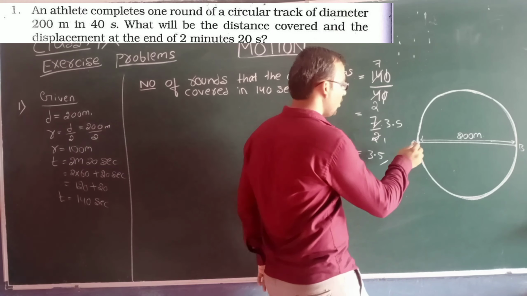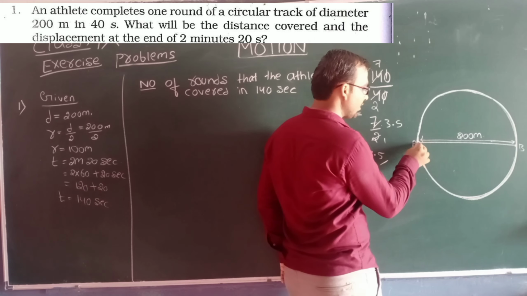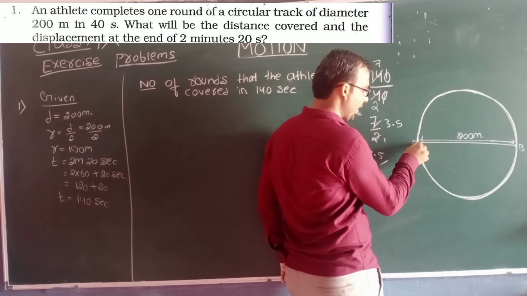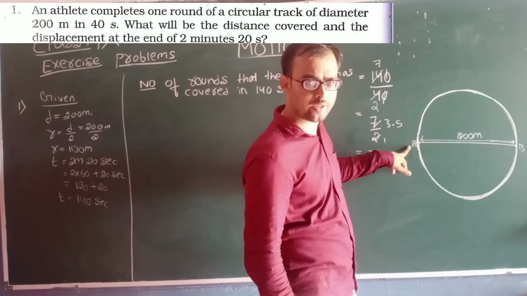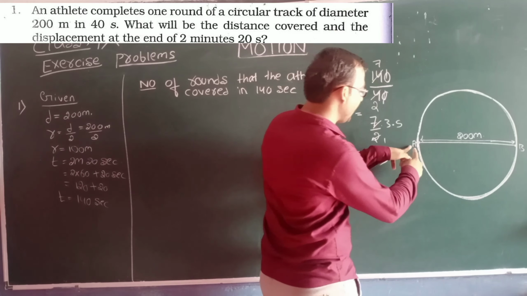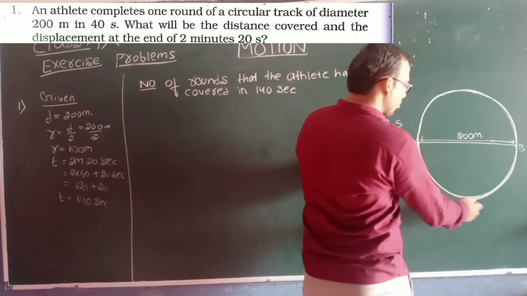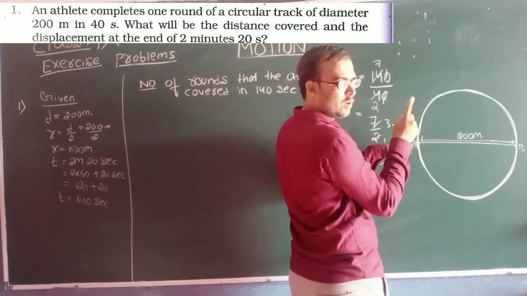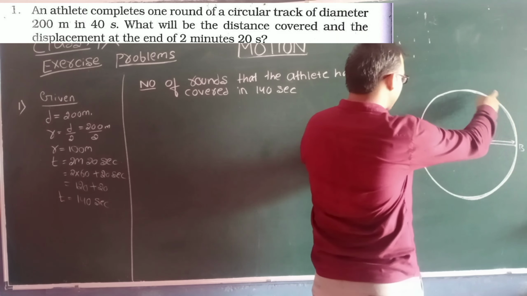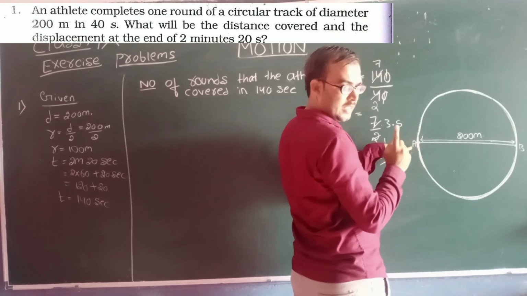So if the athlete has started his movement from a point A, then to cover one round, he has to go around the circular path and again come to point A. So this is one round. Again he goes around and comes to A, second round.